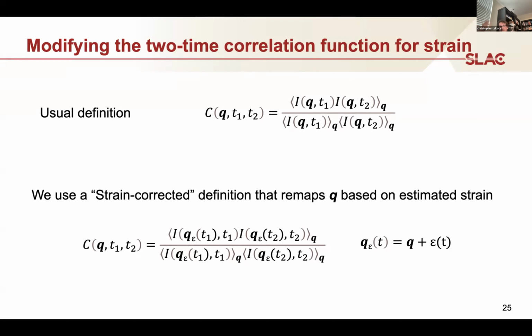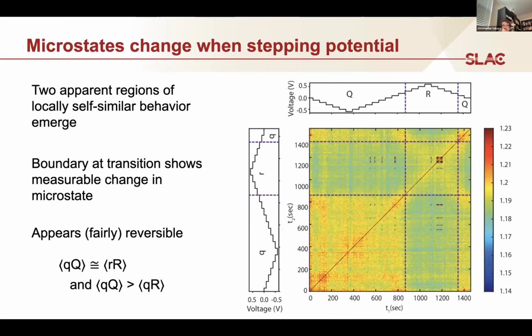So we've done it both ways, but we've created what we call a strain-corrected definition of the correlation function that remaps the Q maps based off the estimated strain. Effectively, we are numerically unstraining the material to try and remove that component of it. This is by no means a complete extraction of the information that's in there, but this is what we've been able to get with the data we have. But it is, in some sense, useful.